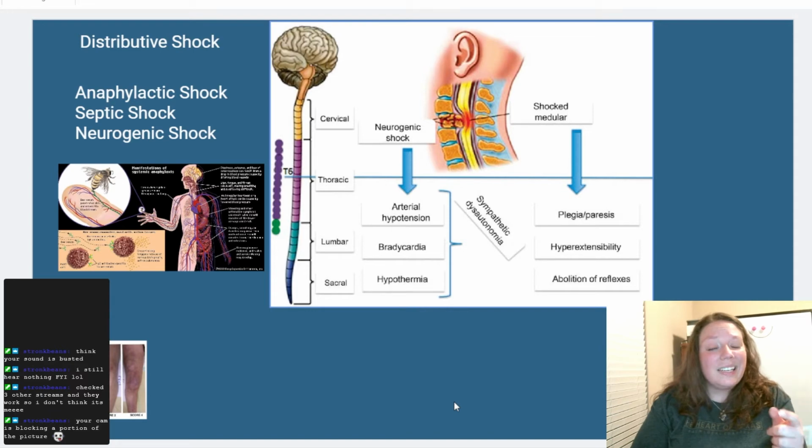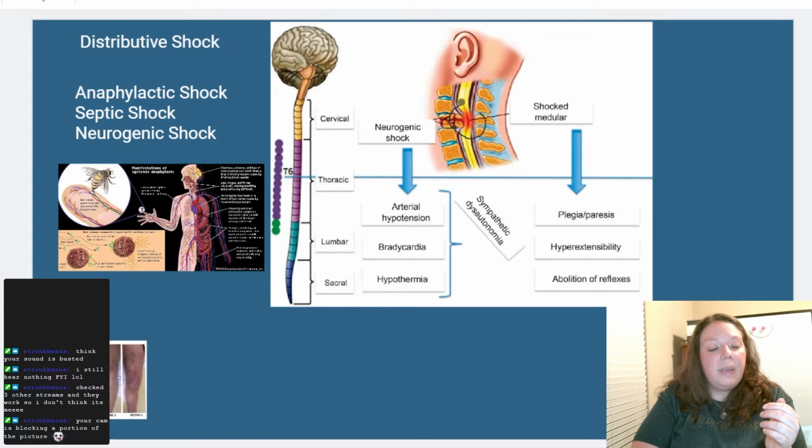Your pulse is also slow. It's not going to be rapid and fast. This is due to this right here: sympathetic dysautonomia. I don't pronounce things very well. Basically, what's going on is that your nervous pathways here are being damaged.